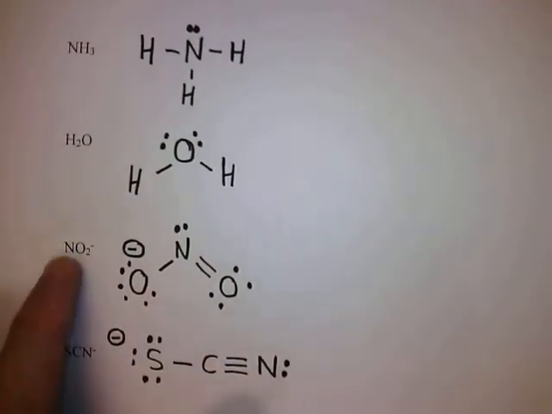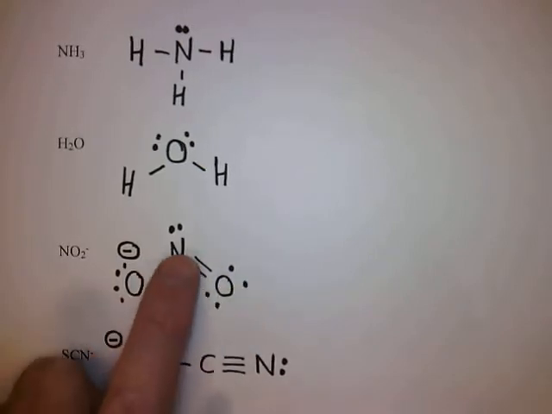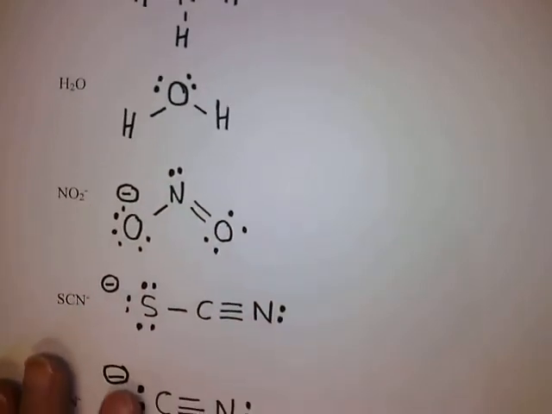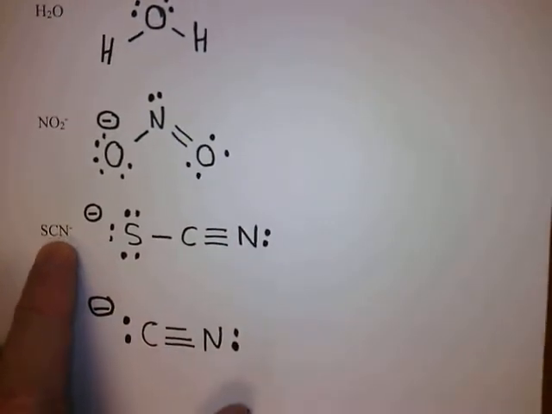NO2, which is nitrite. You have unshared pairs on both the nitrogen and the oxygens. I'm going to talk about that in a minute. Now this one you might never have heard of before up to this point. Maybe you have and maybe you haven't.